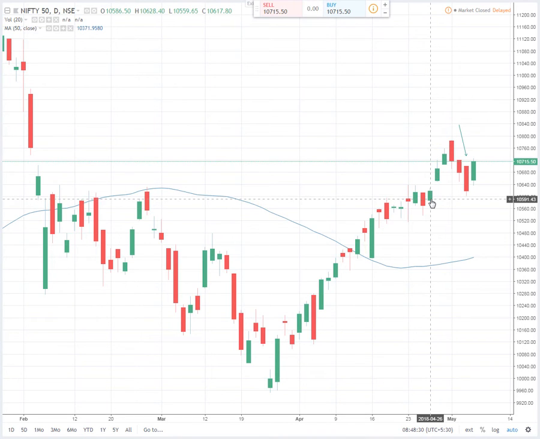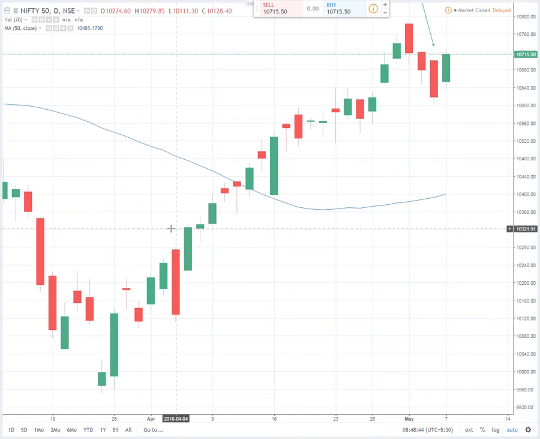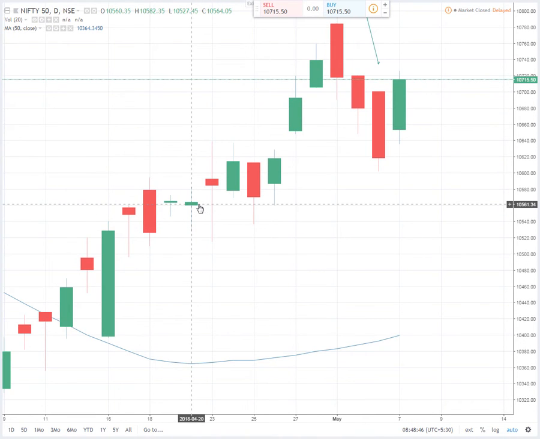If you look at the trading session for this day, which is 26th April 2018, the high is 10,628. Let me enlarge this a bit.